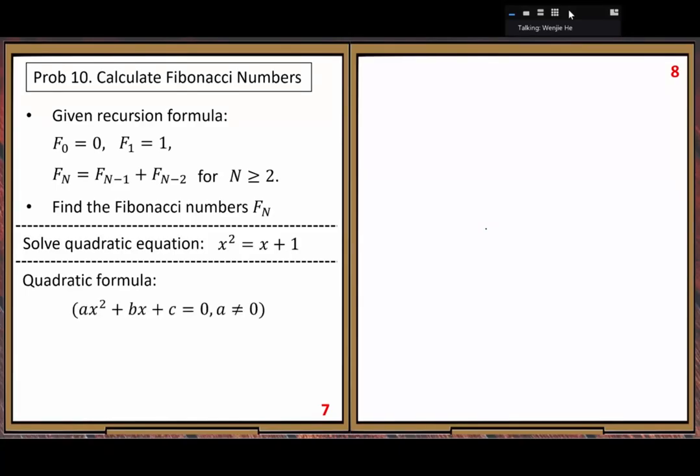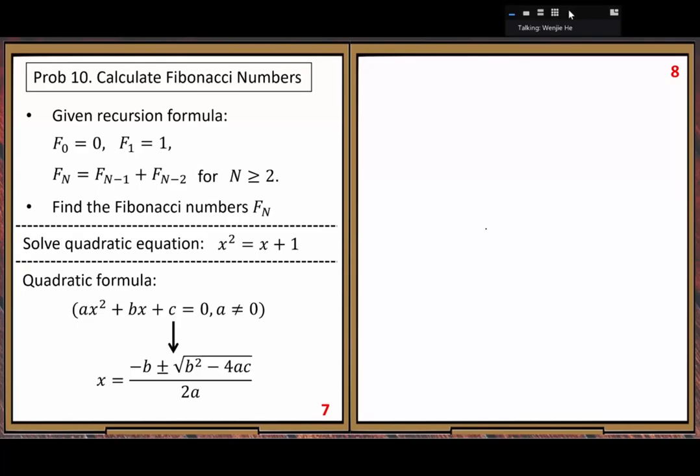The quadratic formula applies to the standard quadratic equation a x squared plus b x plus c equals 0, where a cannot be 0. Then x equals negative b plus or minus the root of b squared minus 4ac, the whole thing over 2a.